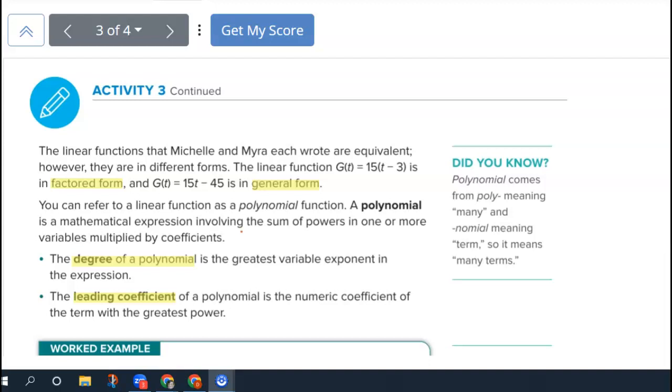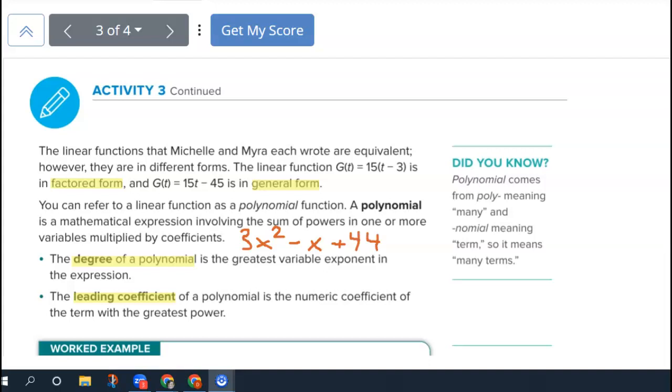So, for example, here's a polynomial, 3x squared minus, let's say, x, plus 44. Okay?